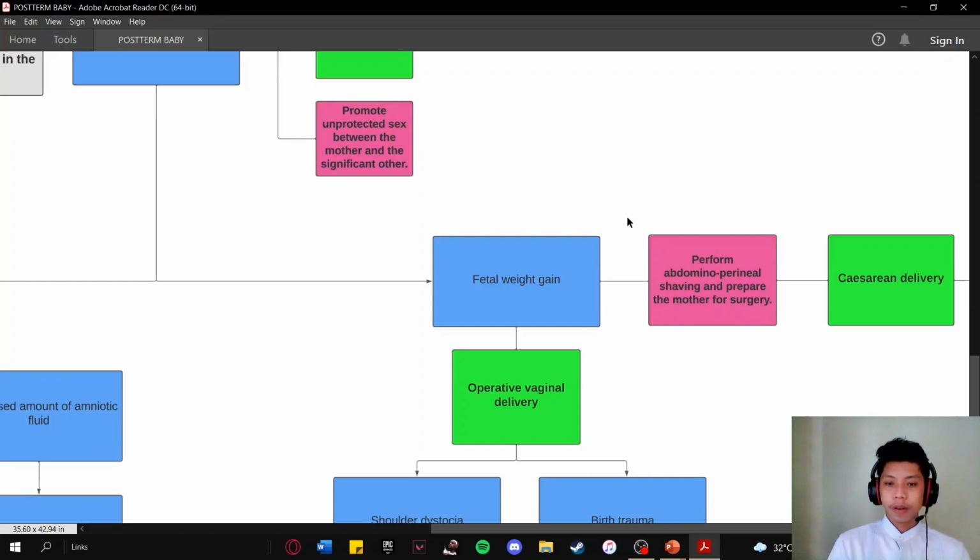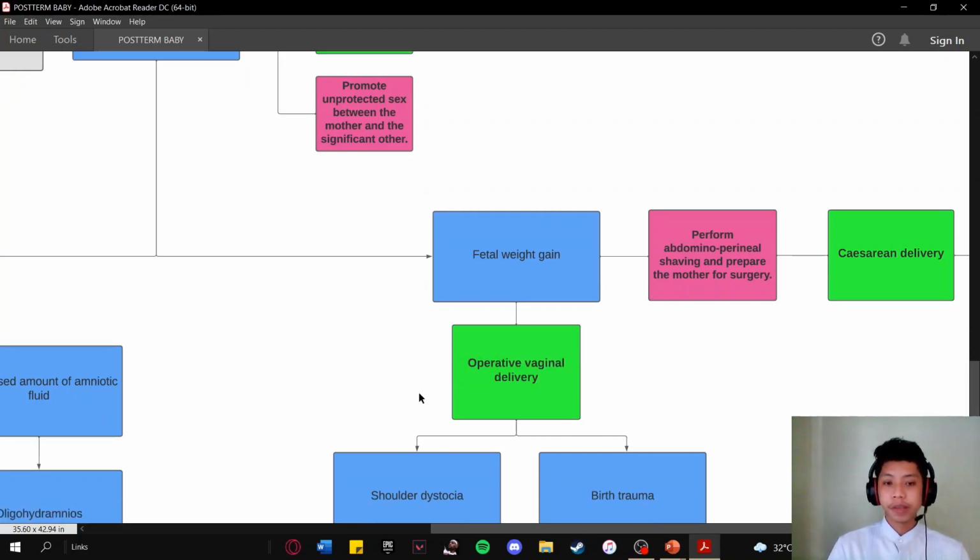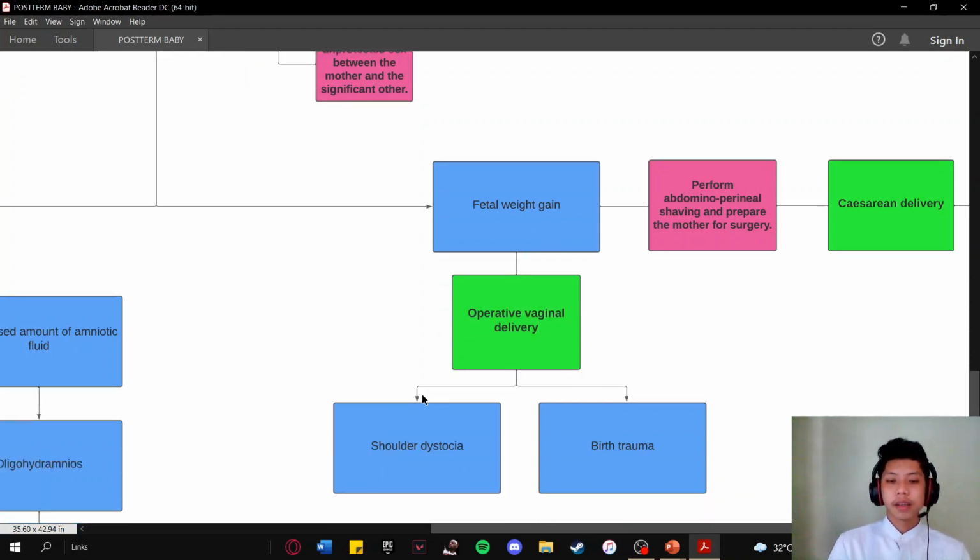So the doctors can have options for the mother to have a cesarean delivery, or small chances can occur for operative vaginal delivery, like using forceps, or another instrument to deliver the baby through the vagina.